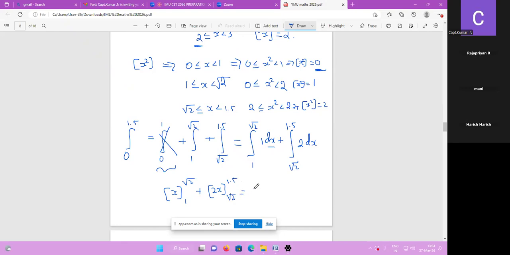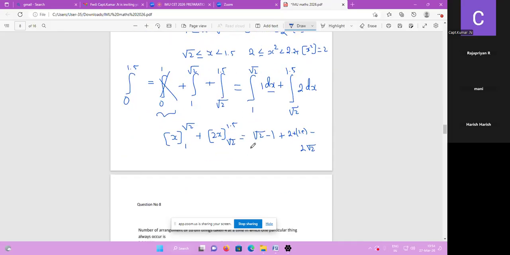This is nothing but root 2 minus 1 plus 2 into 1.5 minus 2 into root 2. Now, this is also easy. So root 2 minus 1, 1.5 into 2 is 3, right? Plus 3 minus 2 root 2.